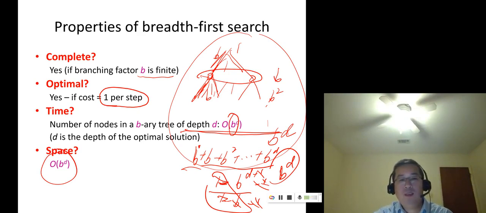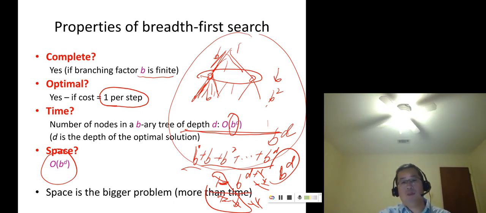And space is the bigger problem for our concern, because for time, as long as you have a powerful computer, you can do that. But usually memory is less than time. You can explore nodes very quickly with the CPU. But when saving the nodes, we know a node itself also contains other information.